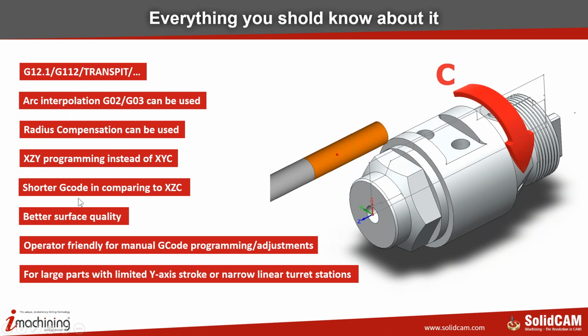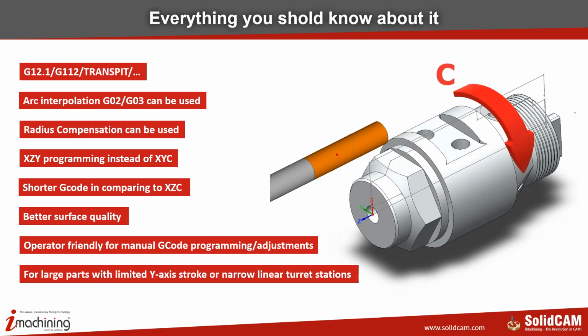Also, the G-code is much shorter if you have a cycle, because you have the arc interpolation. You don't need to use the linear interpolation within the distance. So your code is at least 90% shorter. I think also one of the most important things is that you're receiving much better surface quality. No matter how good a tolerance you put, it will be fine, but never as good as with the cycle.